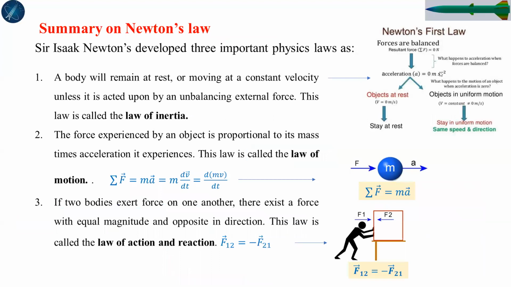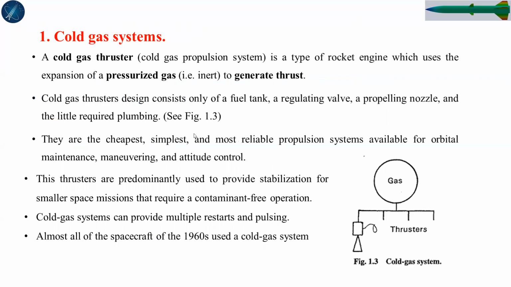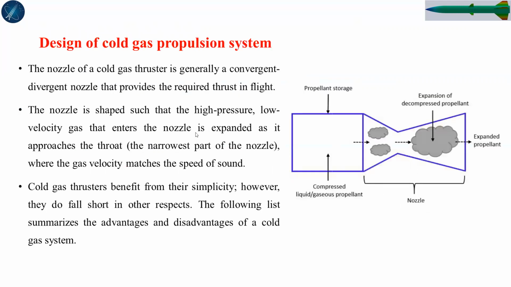Okay, so this is a simple summary of the working principle using Newton's laws. All Newton's laws are applicable here. When we come to propulsion system types: cold gas propellant, monopropellant, bipropellant, solid propellant, we already discussed this last time, so I don't want to waste much time here.